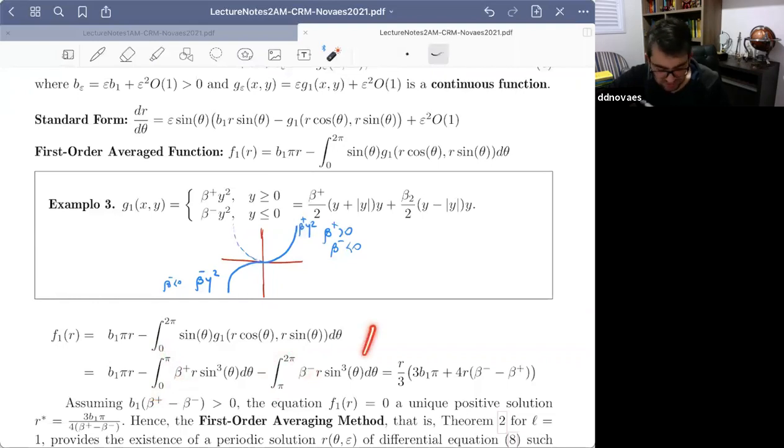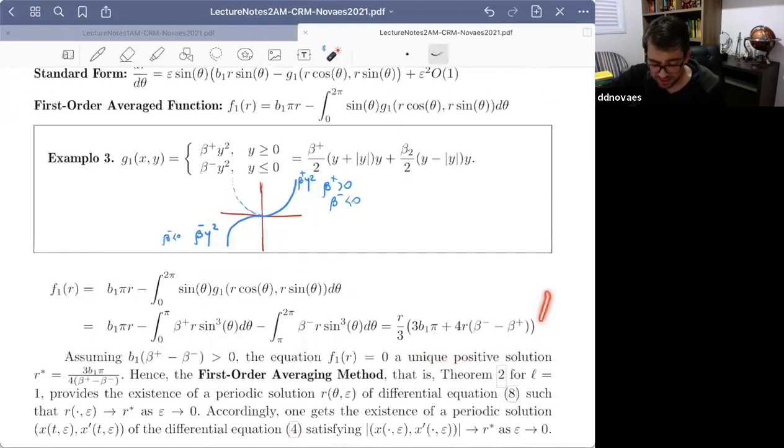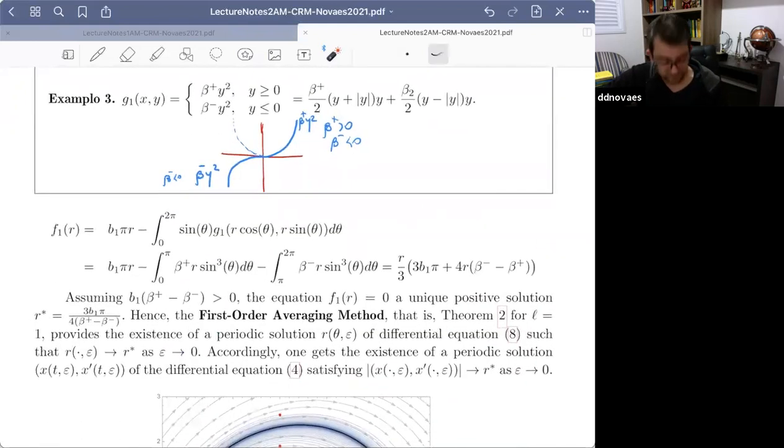When we compute this function, remember that in the quadratic case this vanishes. But now, since we changed beta, we get this function, and it admits a simple zero.